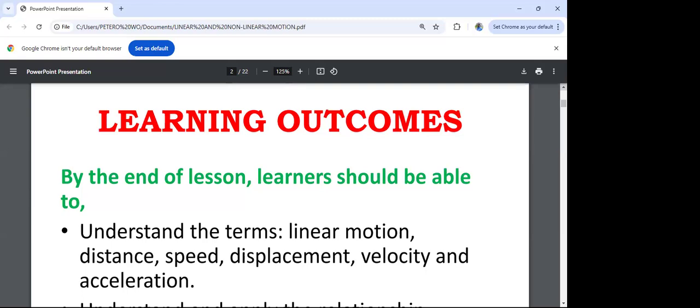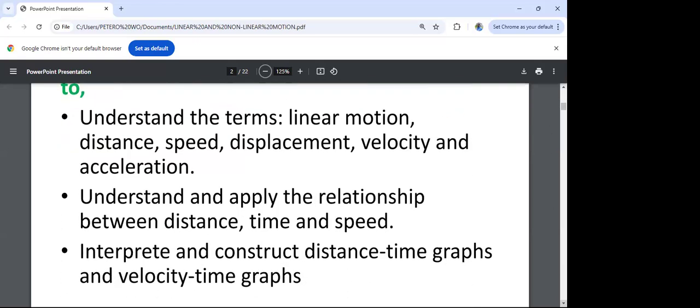Then, after understanding, we must be able to apply the relationship between distance, time, and speed. We are going to look at this relationship, and then we must apply it in situations that we will come across.